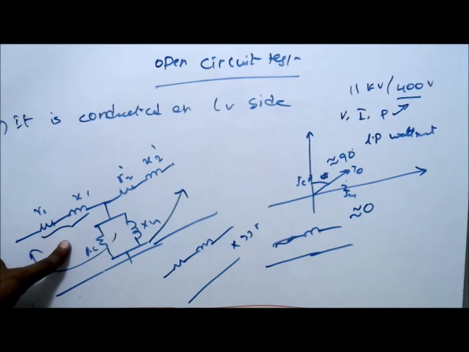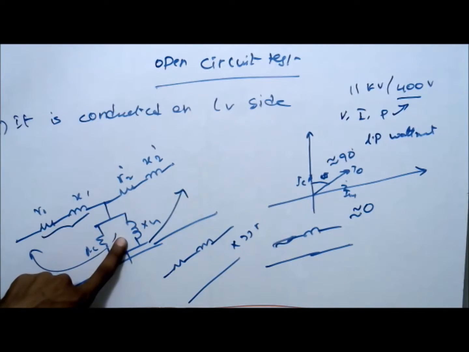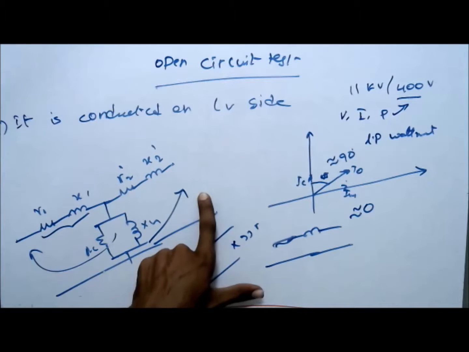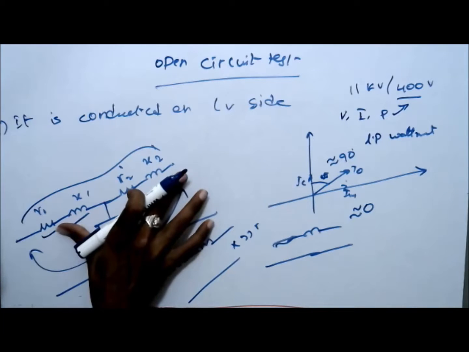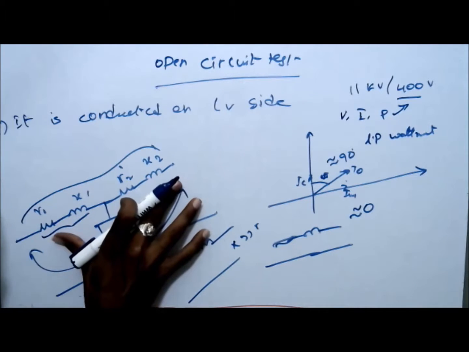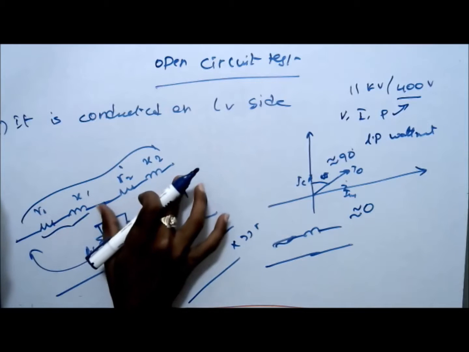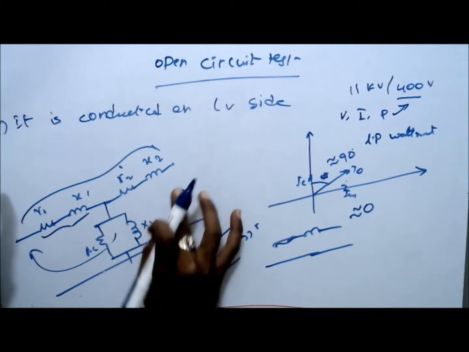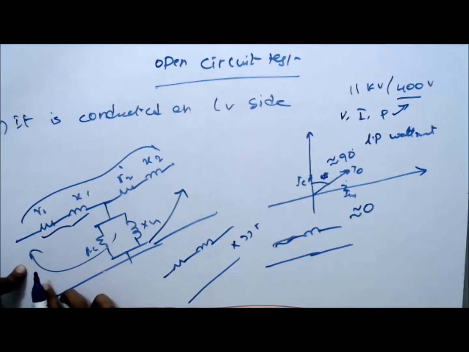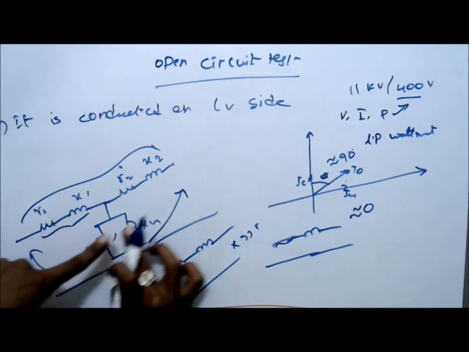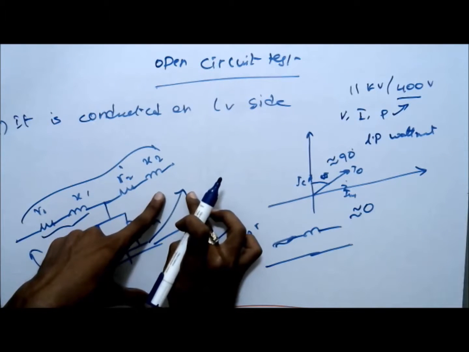If you shift this shunt branch parameter to the load side, this much of I naught into this total drop we have to consider. So this is a somewhat erroneous condition. This is the worst condition, because the voltage across the shunt branch parameter at the source side is constant, but the voltage across the shunt branch parameter at the load side is not constant.